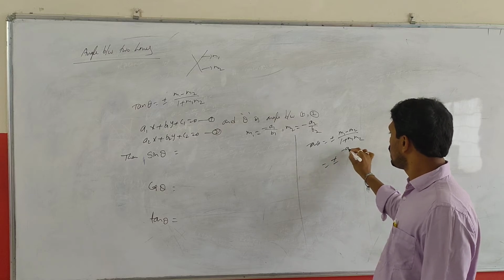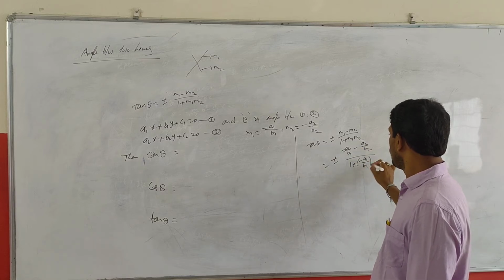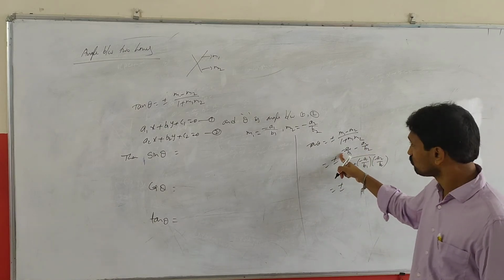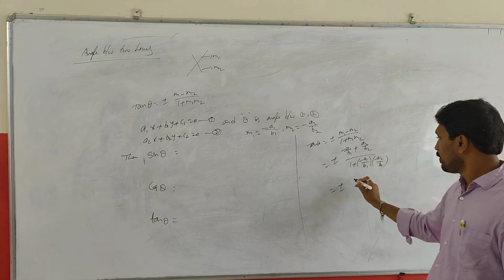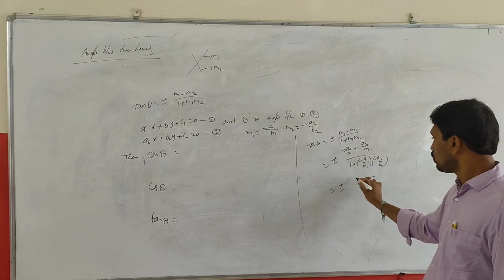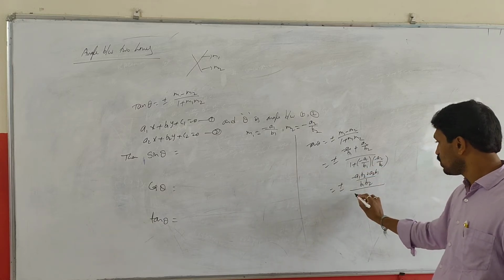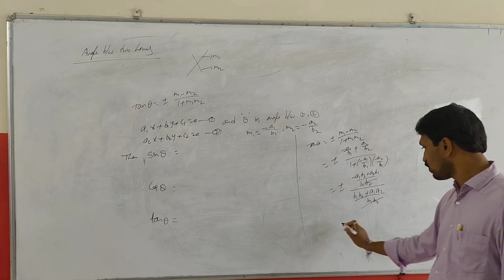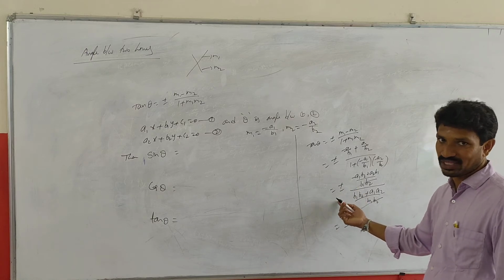That is ±(−a1/b1 + a2/b2)/(1 + (a1/b1)(a2/b2)). Taking the LCM b1b2: the numerator becomes (−a1b2 + a2b1)/(b1b2), and the denominator becomes (b1b2 + a1a2)/(b1b2). These b1b2 factors get cancelled. Taking minus common gives minus plus, which you can write as plus or minus, no problem.